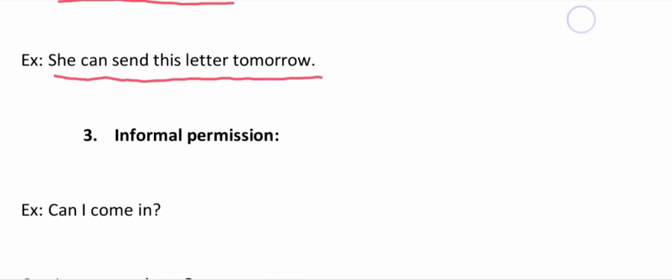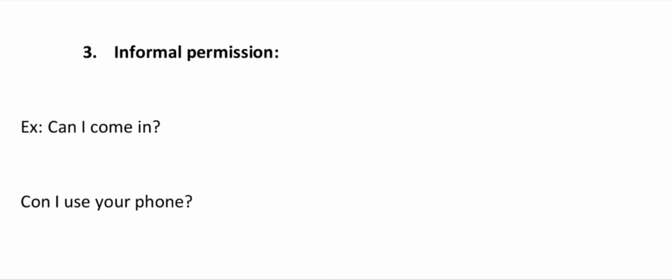Coming toward the third one, that is informal permission. So can is also used to talk about informal permission, and we can take permission from someone, but this is also informal use. For example, can I come in? Normally, for formal usage, we say may I come in. With I, we use may.